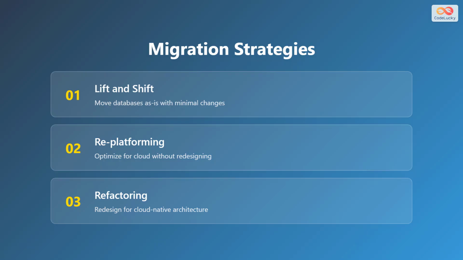This balances speed with cloud benefits. The third is refactoring, which involves redesigning your database specifically for cloud-native architecture. While this takes more time and effort, it allows you to fully leverage cloud features like auto-scaling, distributed storage, and managed services for maximum performance and cost efficiency.